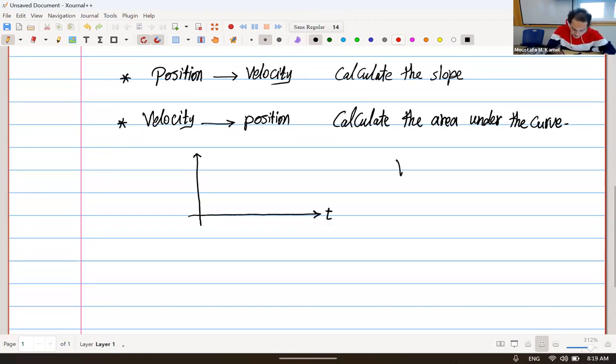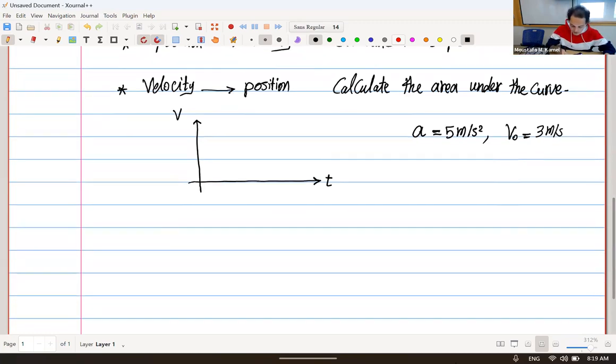let's say I have an object moving with constant velocity, or no, not constant velocity. Let's say we have an object moving with constant acceleration of 1 meter per second squared. So let's assume we have an object moving, or let's make it 5 meters per second squared. And it starts from an initial velocity of, let's say, 3 meters per second.